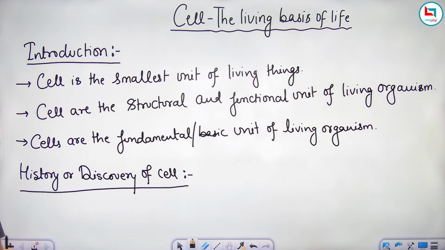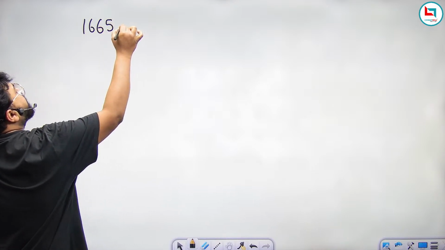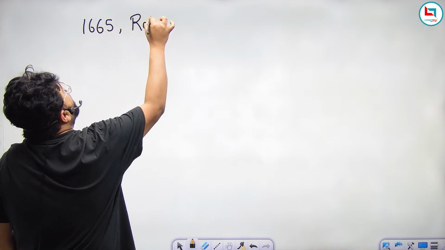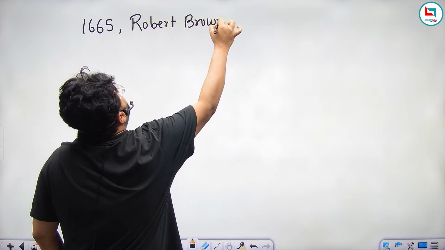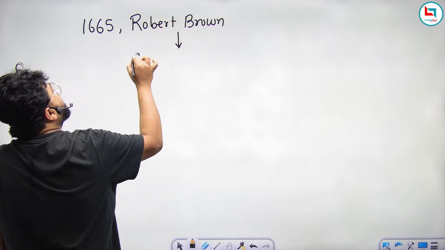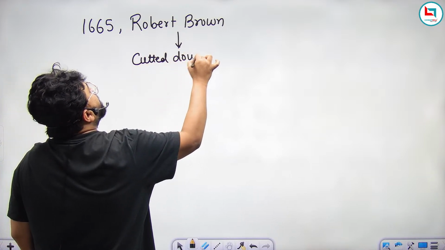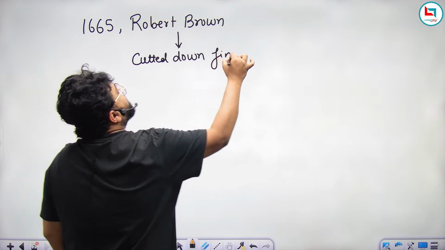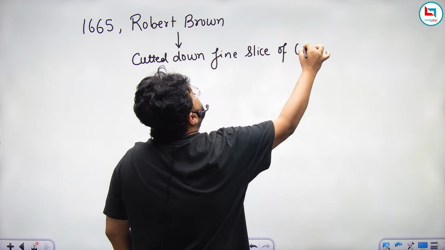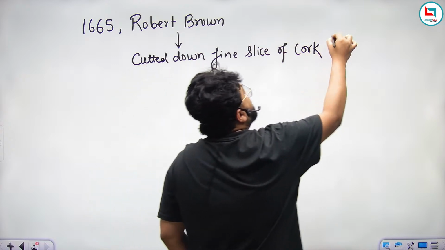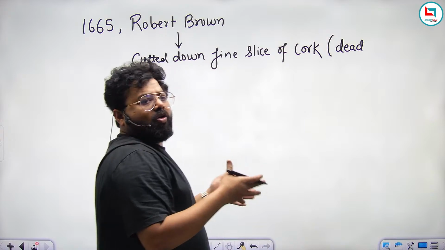In the year 1665, a scientist Robert Brown cut a fine slice of cork, and cork is the dead cells or the dead structure which helps in the formation of the bark of a tree.